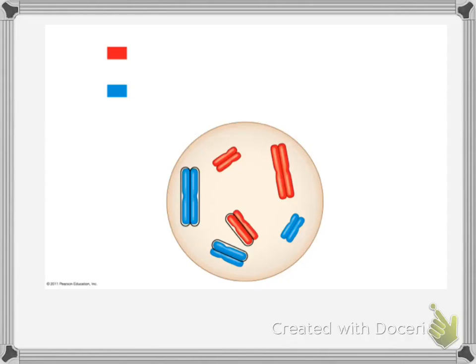Some terminology that we need to get started. We'll remember that this waist portion, where the chromosomes are linked together, is called the centromere.